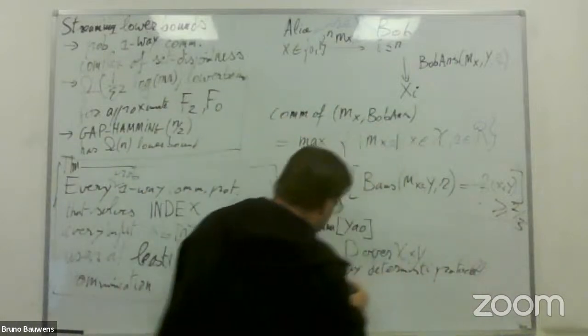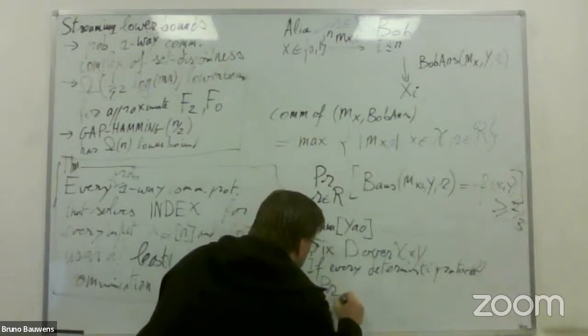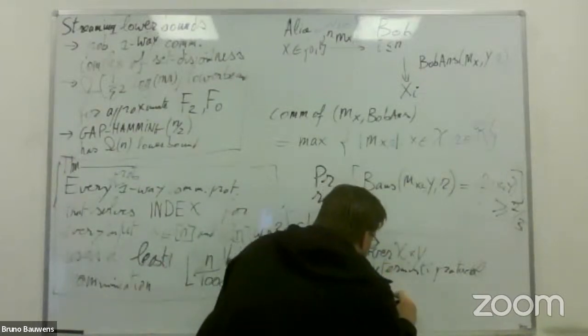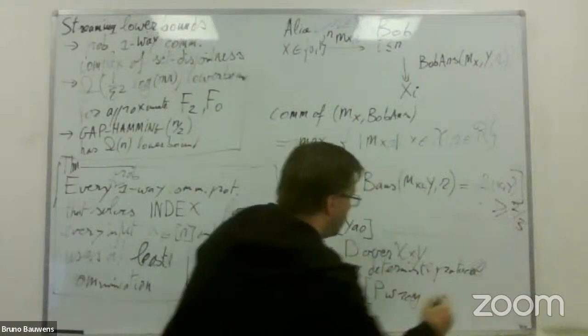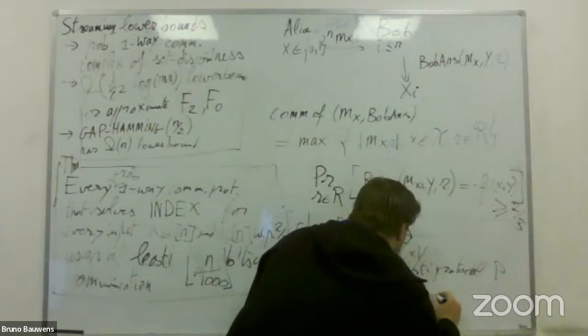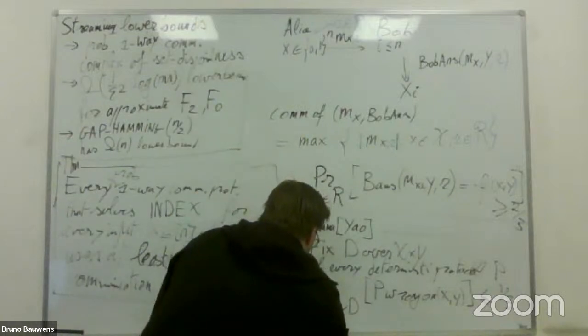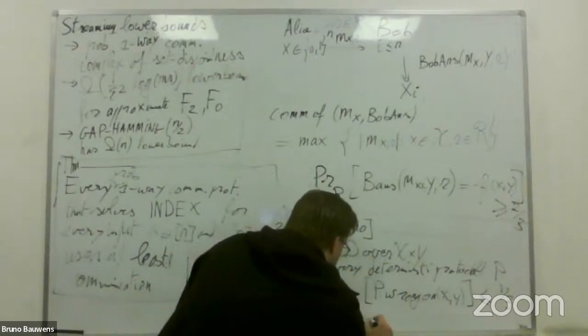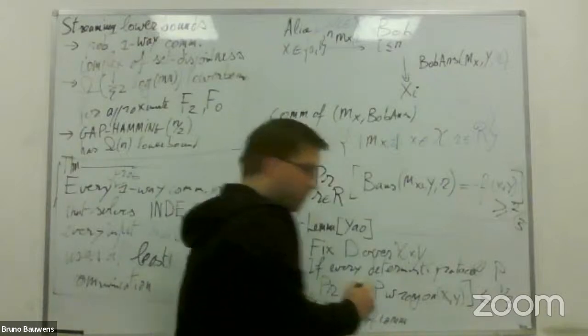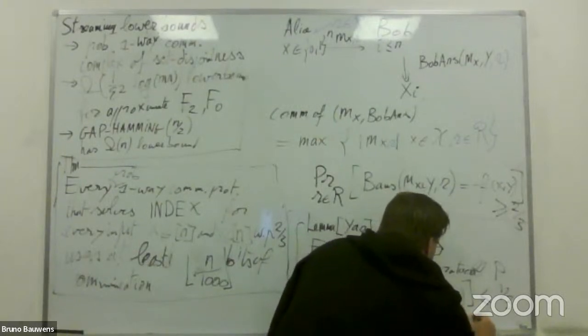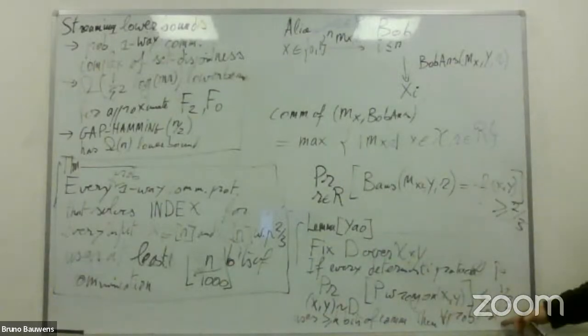So if for every deterministic protocol the probability over pairs xy drawn according to D that P is wrong on the pair xy is smaller than 1/3, then it uses at least k bits of communication. Then every probabilistic protocol also uses at least k bits of information. I cannot write it here, so you will need to store it in memory.